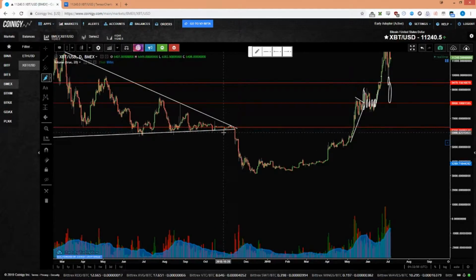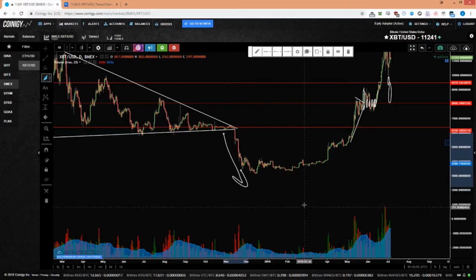So basically we break out one way, and then eventually the market decides it doesn't want to go this way, and it comes back, and as soon as you cross this breakout point, it invalidates this pattern, and you'll just go straight up.